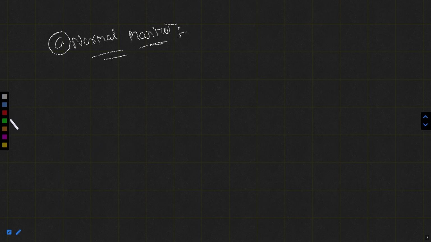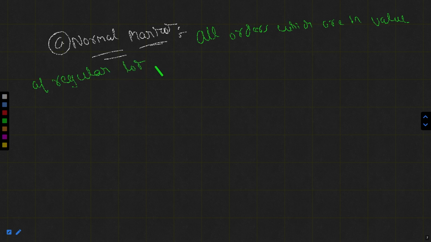Basically, the normal market includes all orders which are in value of regular lot size or the multiples, classified as regular lot orders.